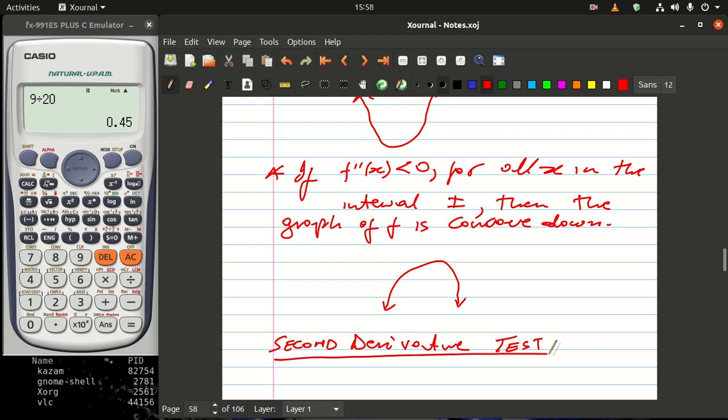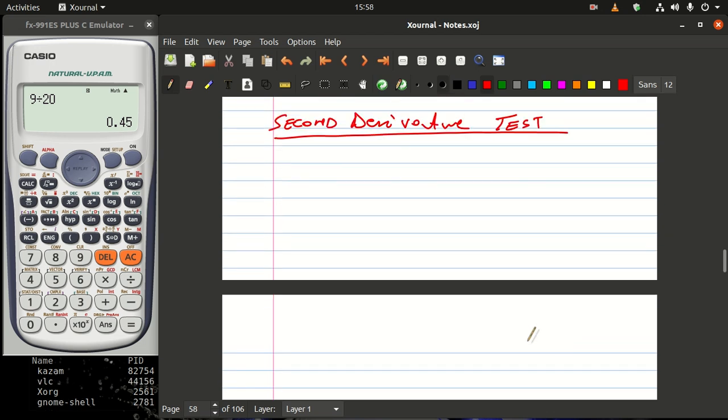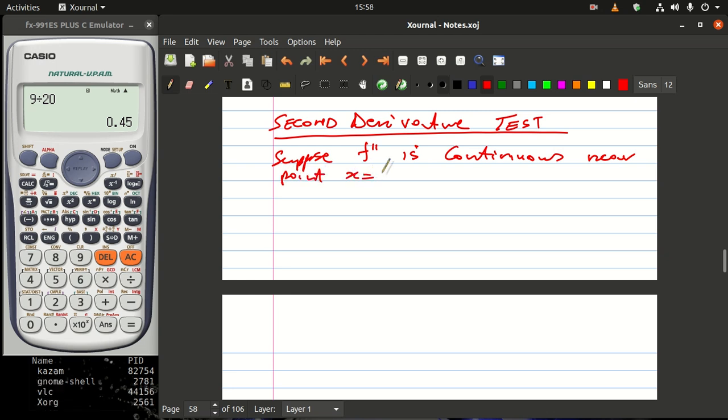So basically what we are saying here, suppose we have f double prime is continuous, so we have f double prime continuous near the point x is equal to c. So that is what is happening.